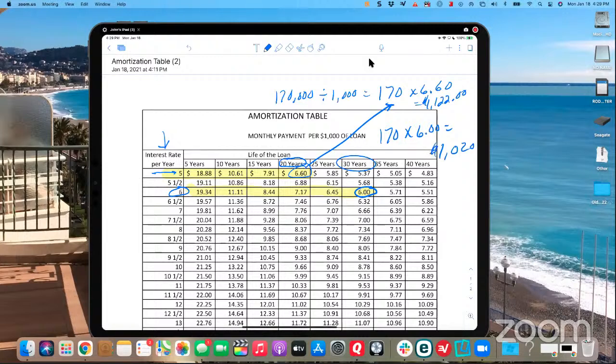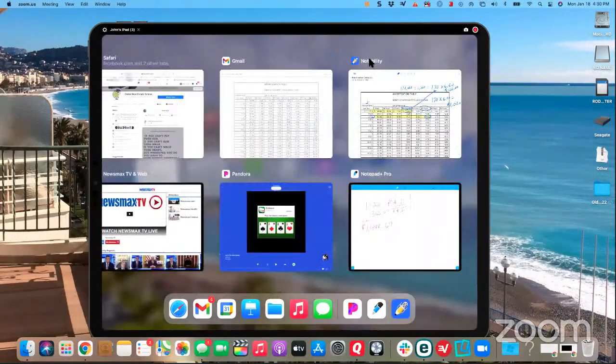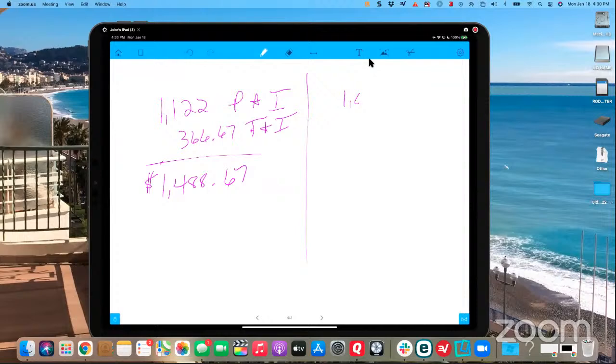Okay. 170 times 6, 1,020. 170 times 6.60 was 1,122. Okay. Just want to double check my math. 1,020. This is our principal and interest.